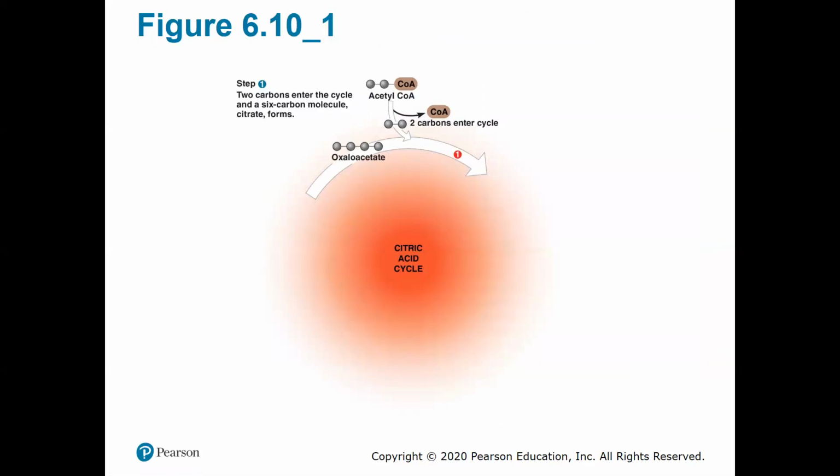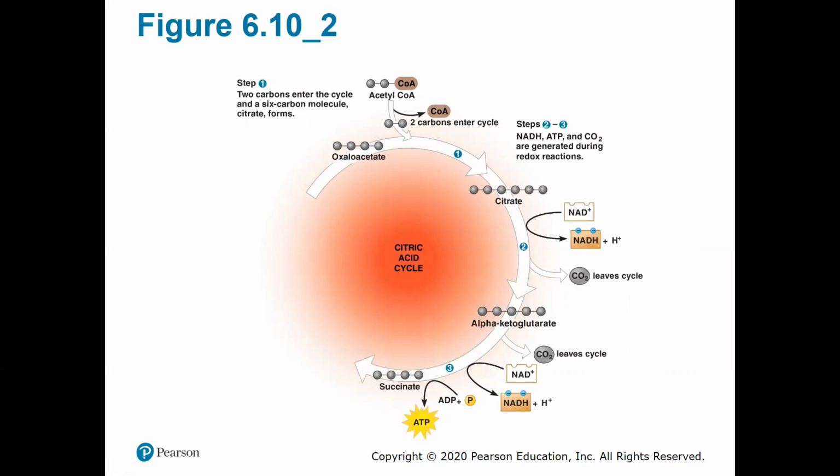Step 1, the 2 carbon molecule with coenzyme A, acetyl-CoA, will drop off the 2 carbons to enter into the cycle. So coenzyme A will break off, will drop these 2 carbons off, and these 2 carbons here will bind with the 4-carbon molecule oxaloacetate. So these 2 will bind and create a citrate or a 6-carbon molecule.